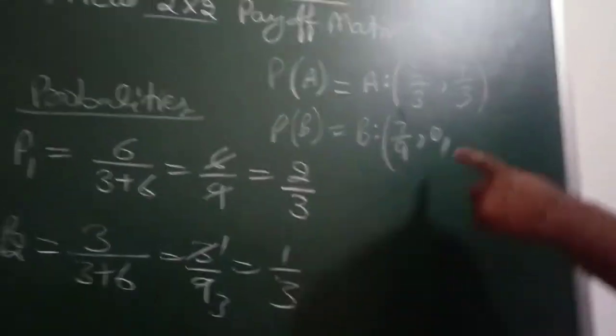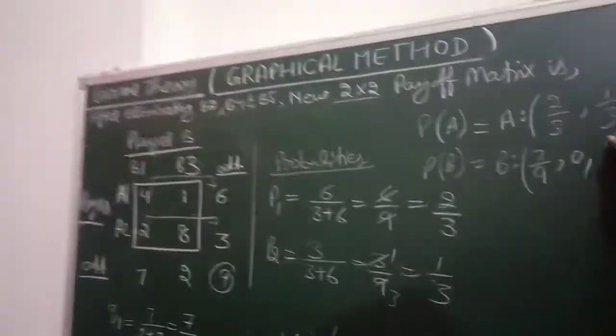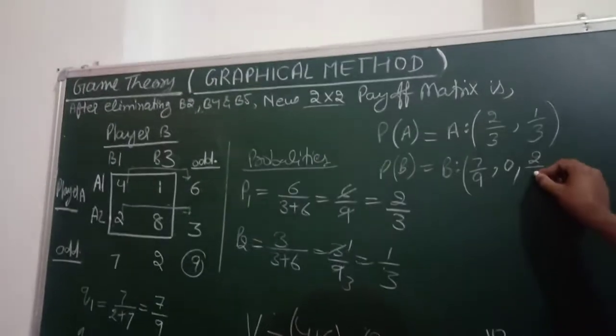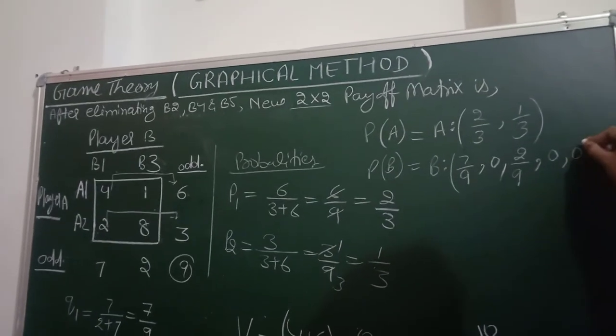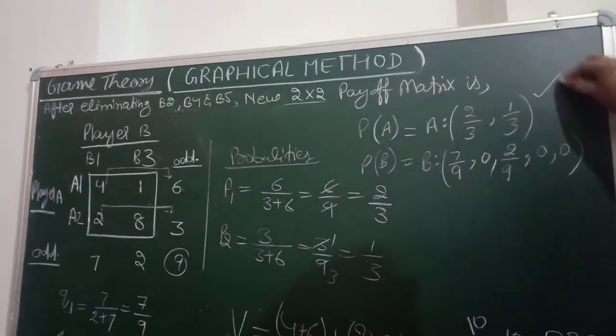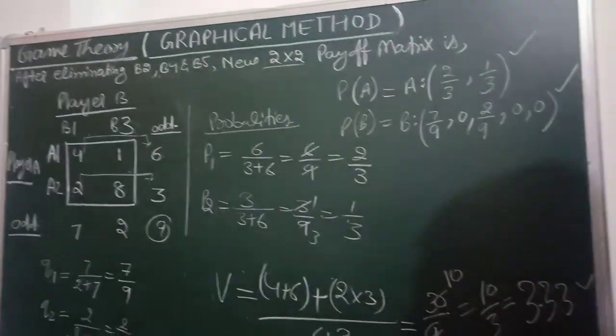He will not use strategy B2, but he will use the third strategy, with probability 2 by 9. He will also not use B4 and B5. So these are the probabilities and this is the value of the game.